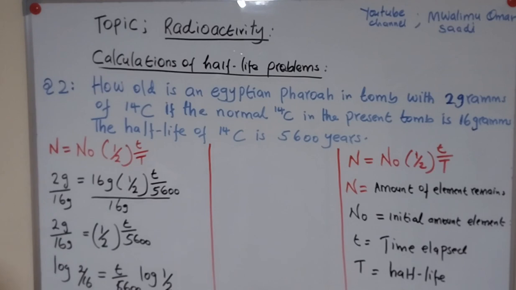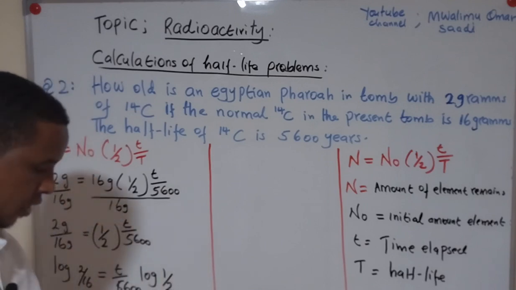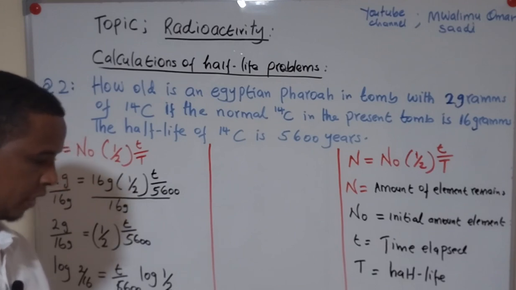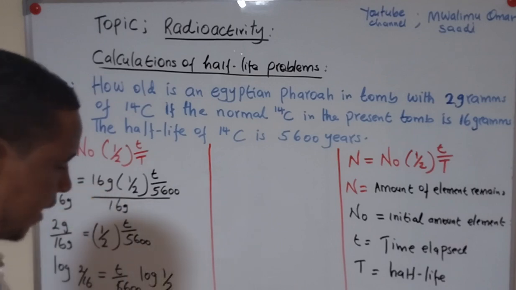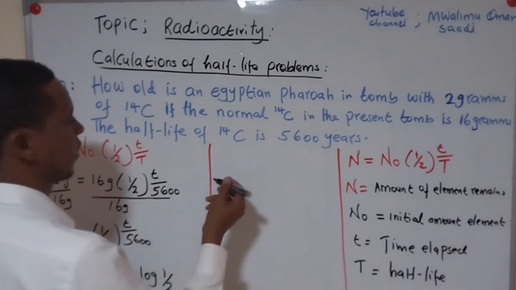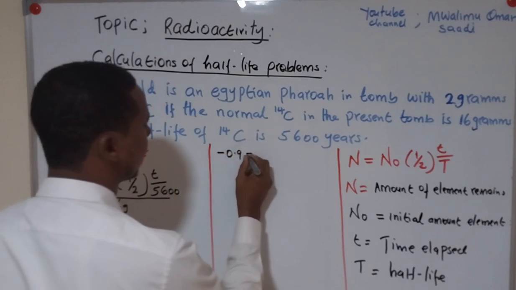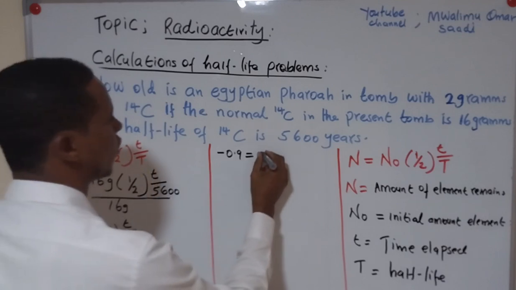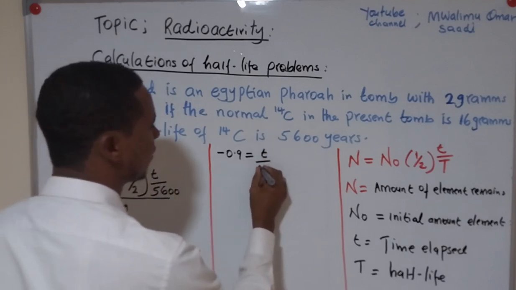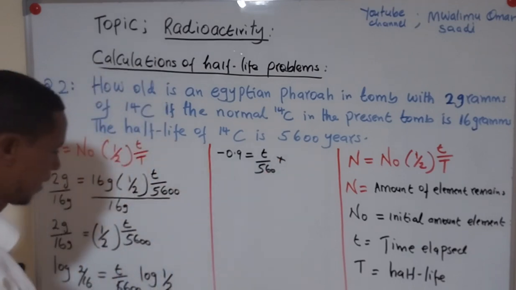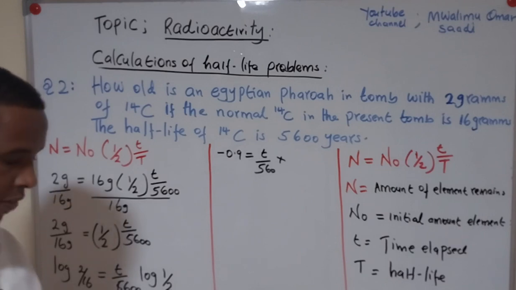Good. So let's do now log half, log 2 over 16. Log 2 over 16 is equal to negative 0.9. So negative 0.9 is equal to t over 5,600 times log half.